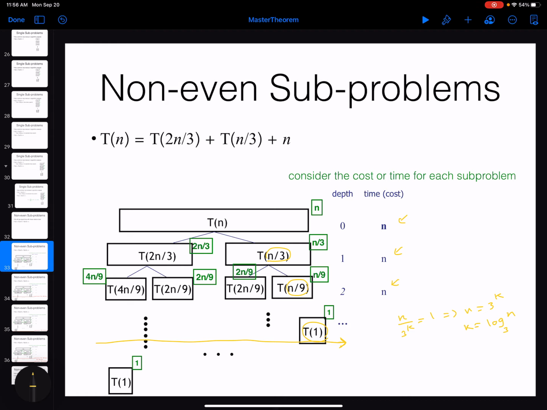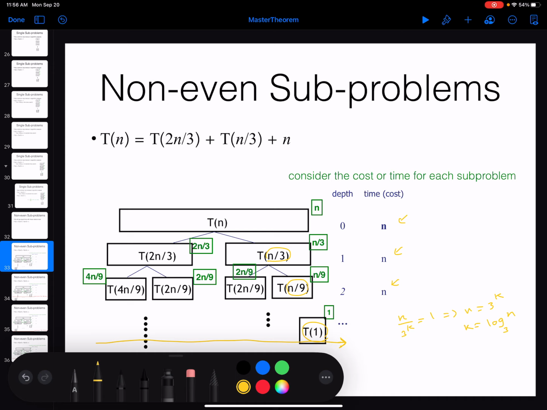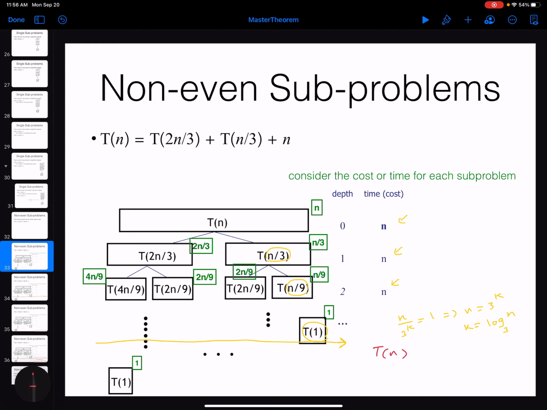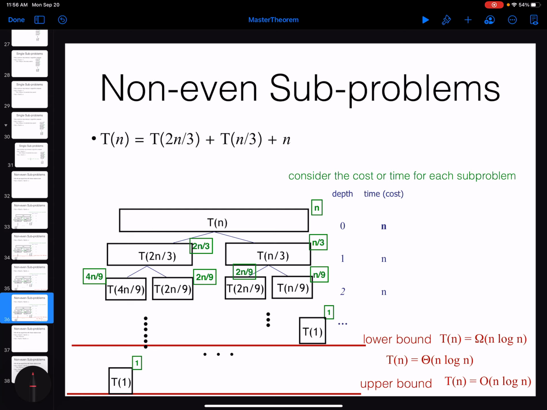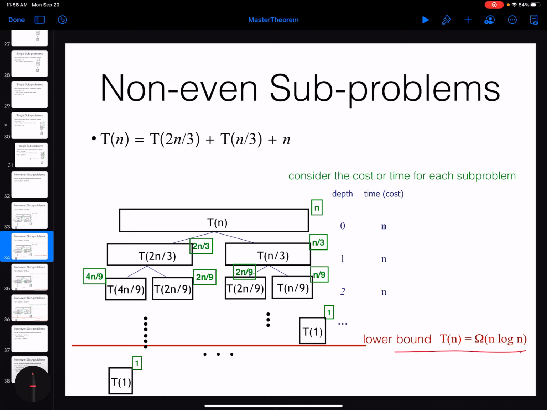So the lower bound for T will be n multiplied by log of n, which you need to put in omega. So this is going to be a lower bound for T. What is going to be the upper bound?